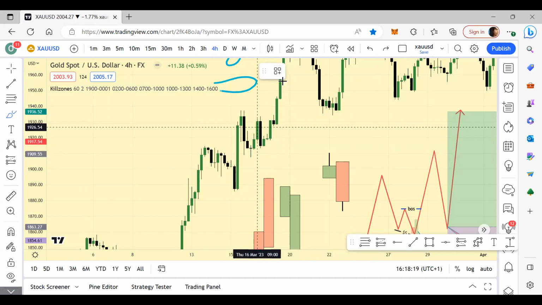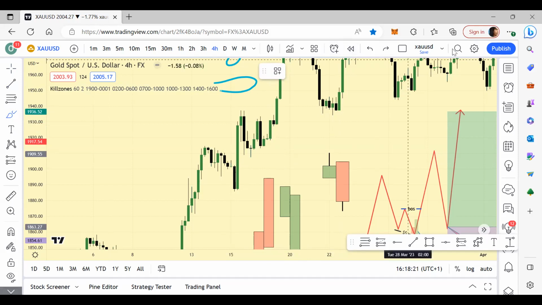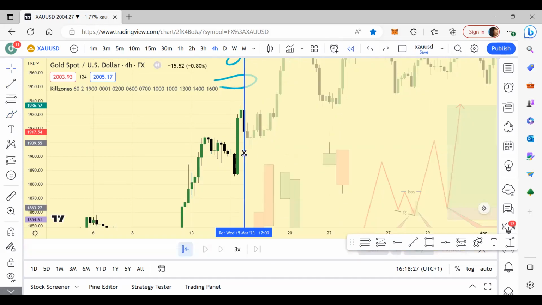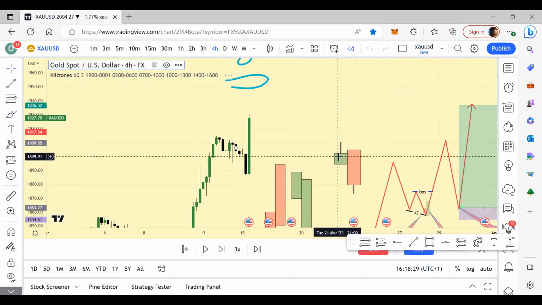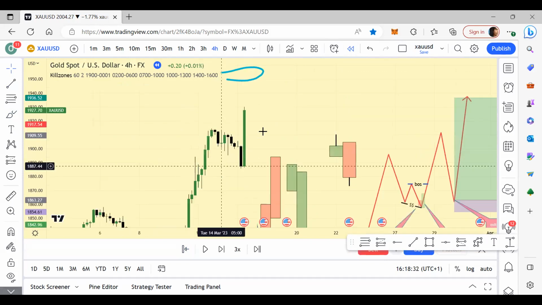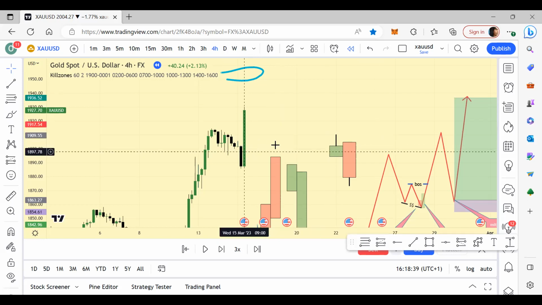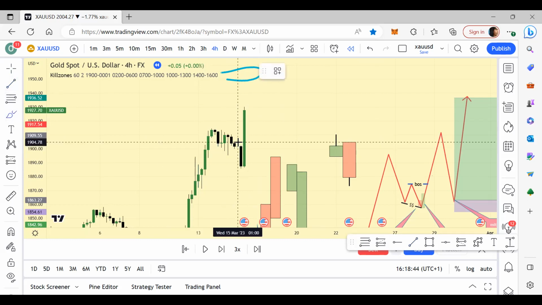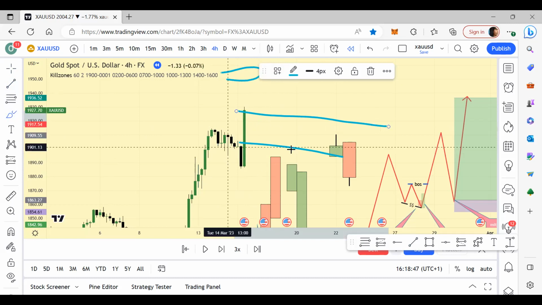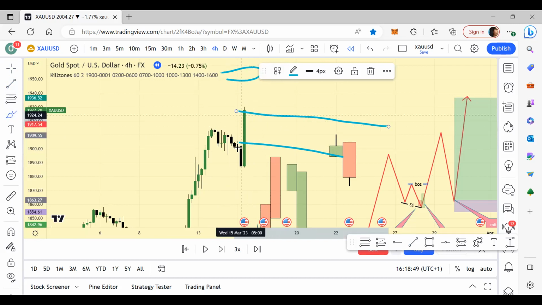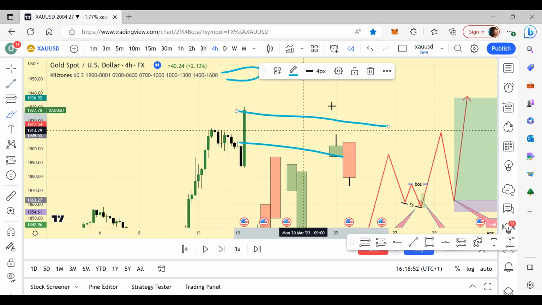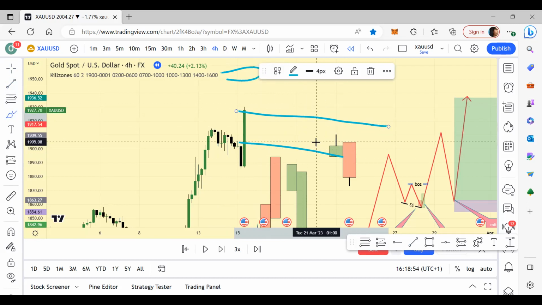Just pretend that these things are not here. Basically, there's nothing on the right-hand side of this candle. And you have this gap. There's no wick, there's nothing. It's just one long candle with a gap. You don't see any other candles next to it.